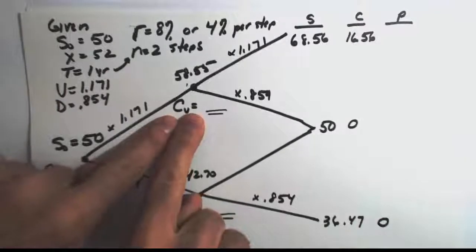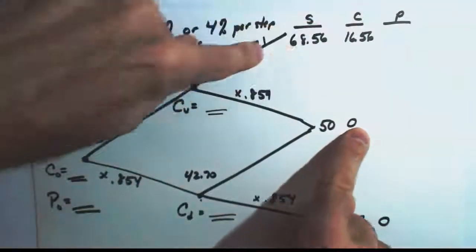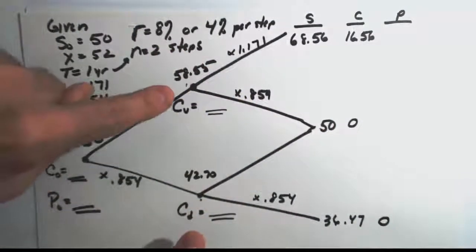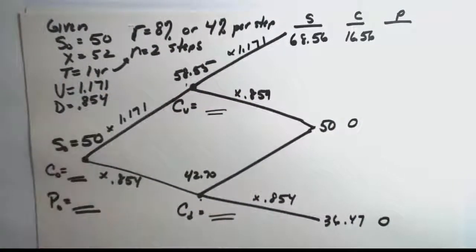I'm going to determine this value from these two, and then I'm going to determine this value from these two, and then I'm going to determine this value from these two. It's very repetitive. So after a while, you won't need the notation, but I need to show you some of the notation so you keep up with what the textbook is describing.